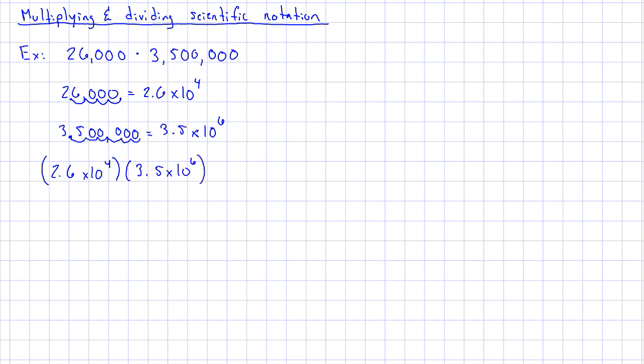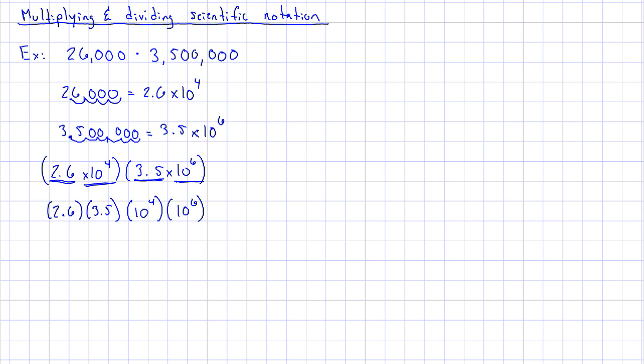Now, because this is all multiplication, we can actually consider this to be two problems. The first part is going to be the numbers multiplied by each other, and the second component is going to be these exponents, the 10 to the 4th and 10 to the 6th. So I can rewrite this as 2.6 times 3.5 times 10 to the 4th times 10 to the 6th. And this is equivalent.